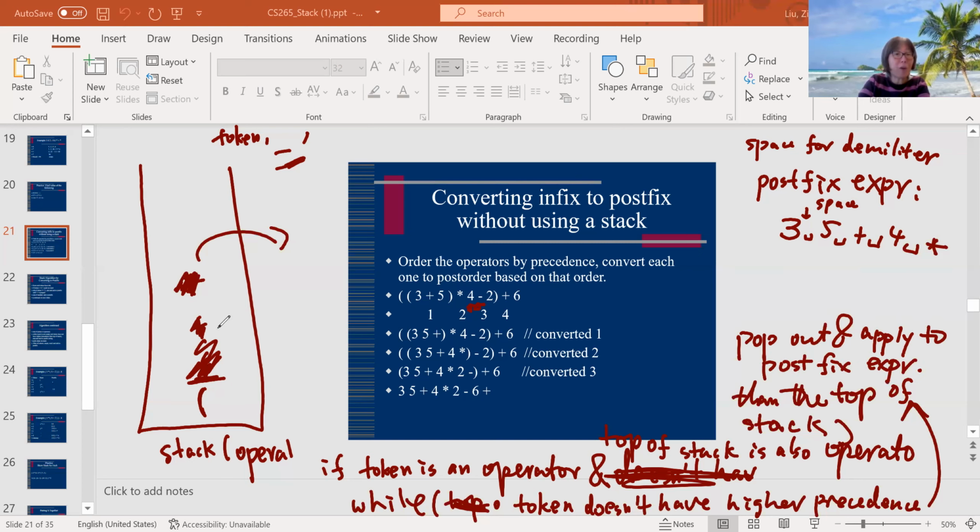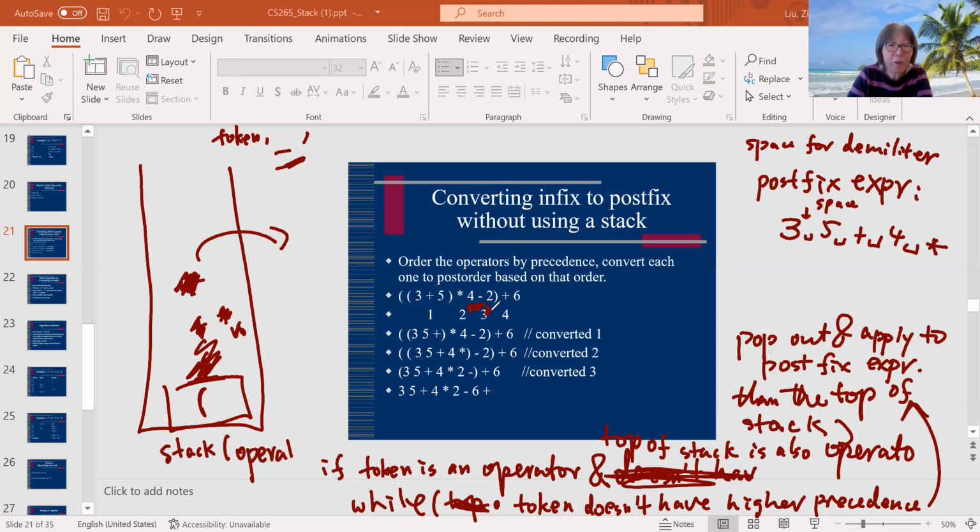You need to keep doing this. If the next one is a plus, you still need to pop it out. If it's division, you pop it out, because this token doesn't have higher precedence. Until what? After we pop that multiplication out, we have a left parenthesis, and then you stop, because it's not an operator.